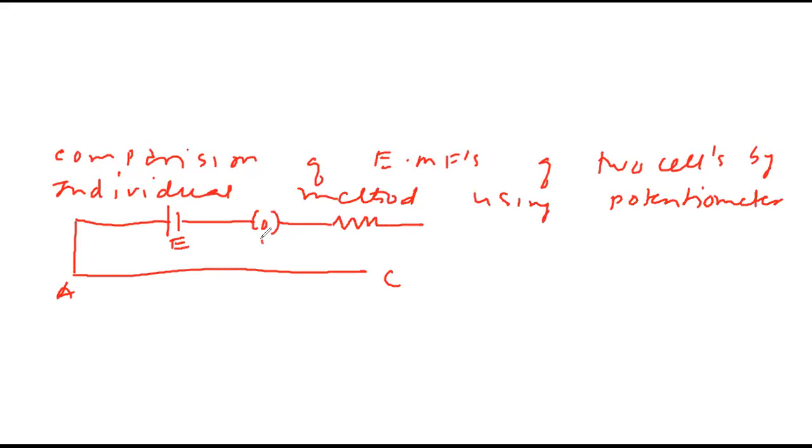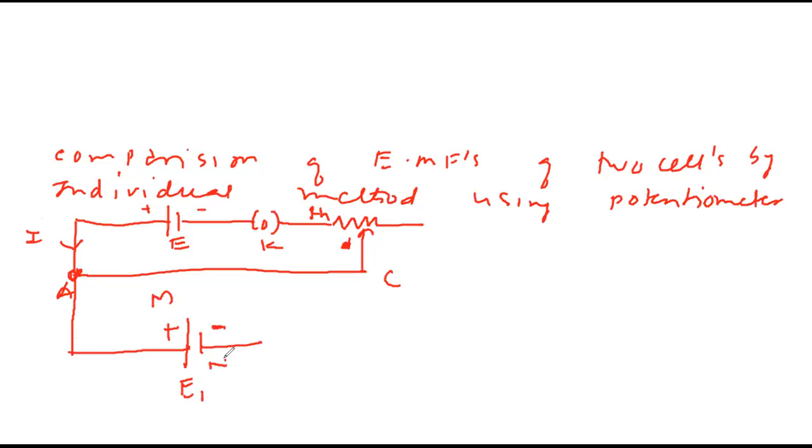A battery of EMF E, plug key K, rheostat RH are connected in series across wire AC to send constant current I. The positive terminal M of battery of EMF E1 is connected to end A. Negative terminal N is connected to one end of galvanometer.